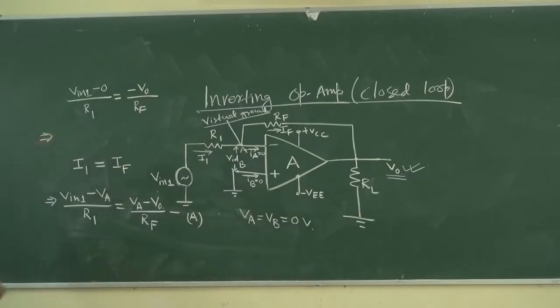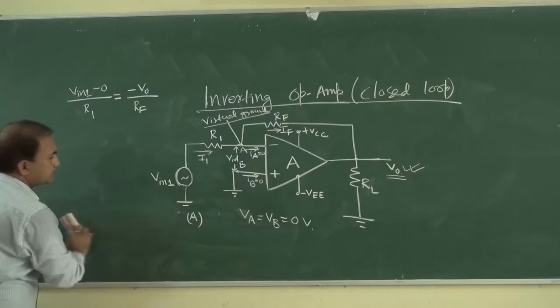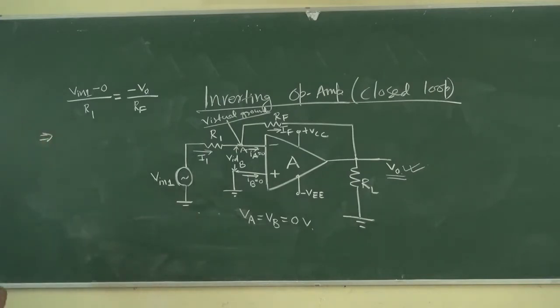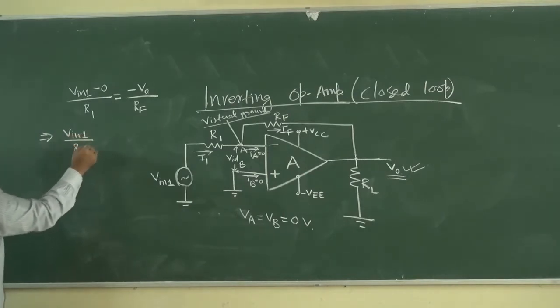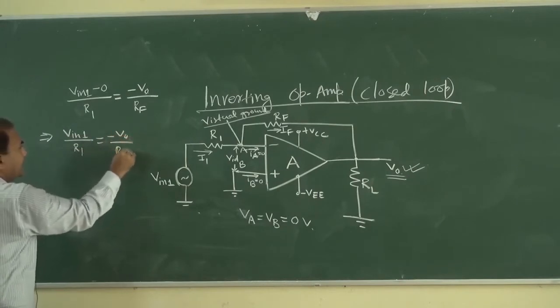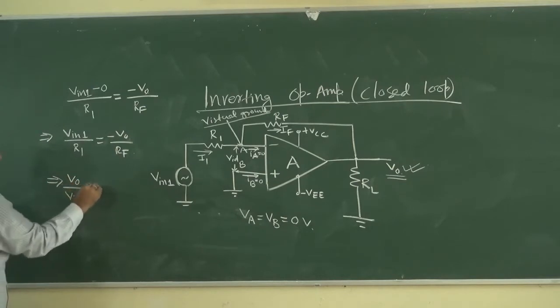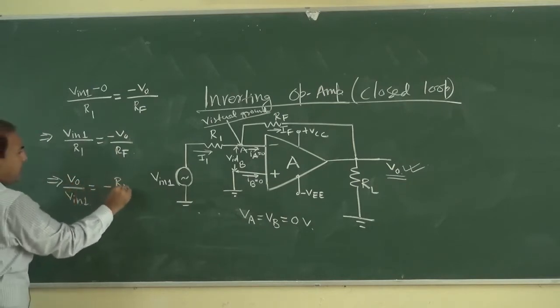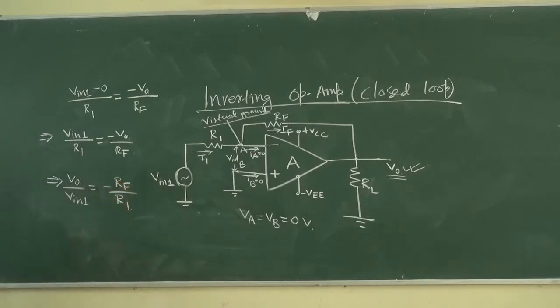From this, what are we getting? Vin1 by R1 is equal to minus Vo by RF. So Vo by Vin1 is equal to minus RF by R1.